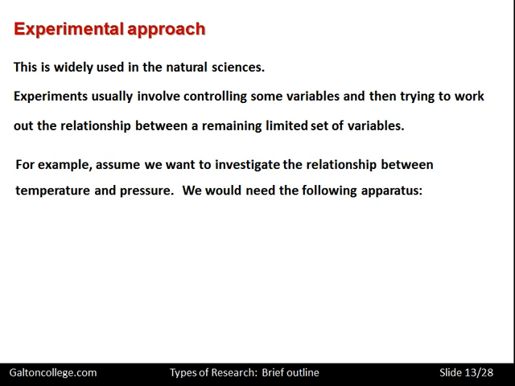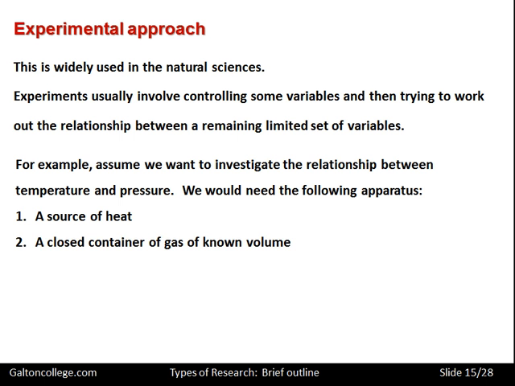Assume we want to investigate the relationship between temperature and pressure for a gas, for example. We would need the following apparatus. We'd need a source of heat, because we're going to look at different temperatures. We'd need a closed container of gas of a known volume. So we'd have to have a volume of gas. And we'd have to have a gauge to measure the temperature.